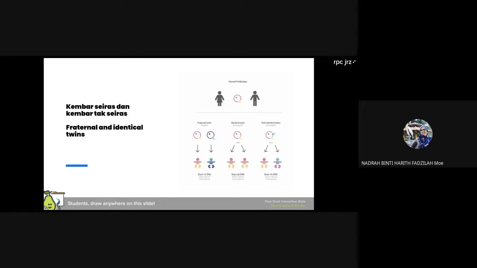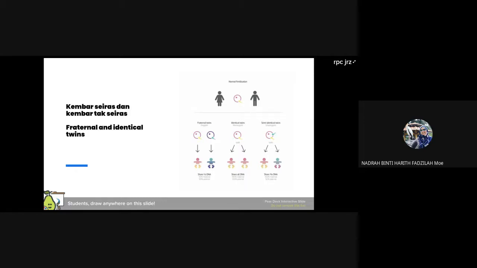But for identical twins, the same sperm and the same ovum fertilize, and when it forms zygote, it split into two. Bila dia bentuk, tak semestinya pada peringkat zygote ya, kadang-kadang pada peringkat 2 cell, 4 cell, morula, blastosis juga boleh untuk split pada masa tu, split into two.